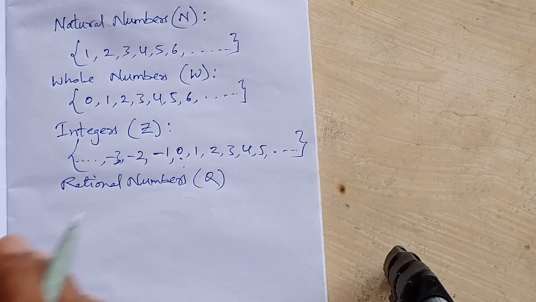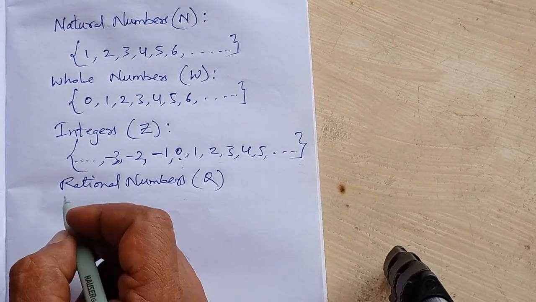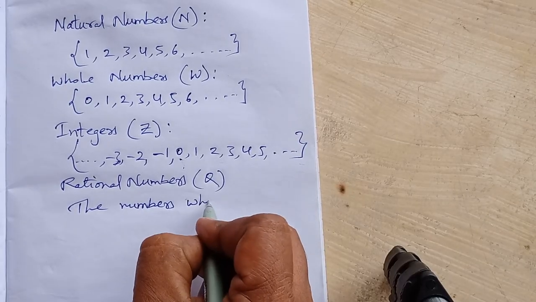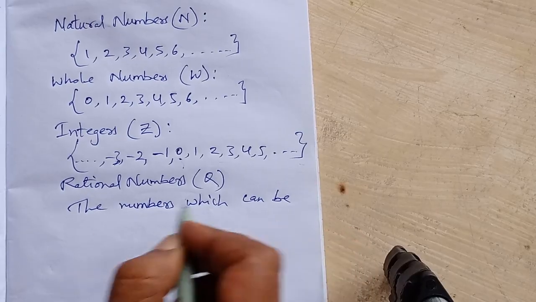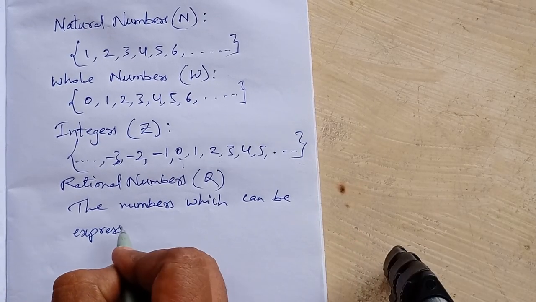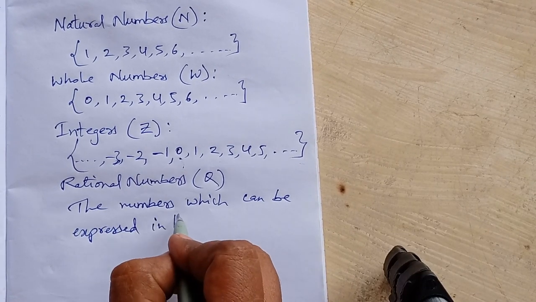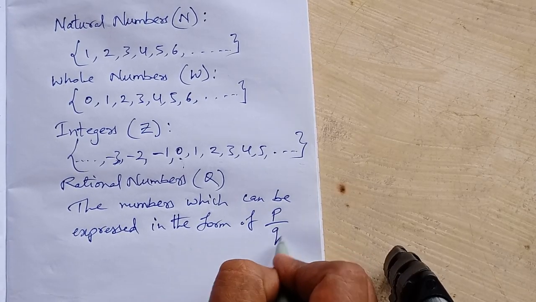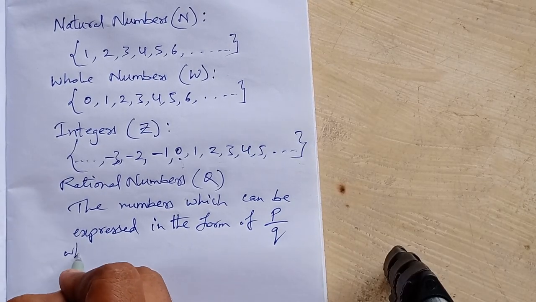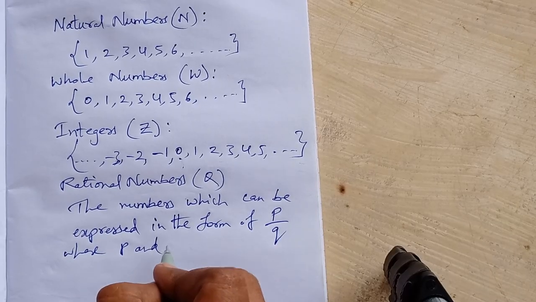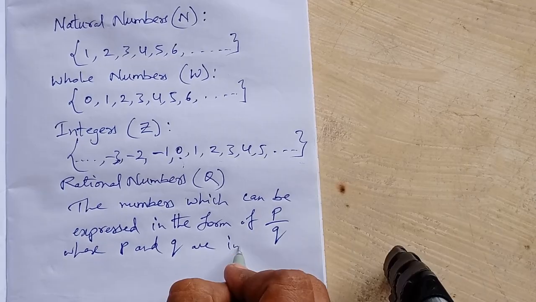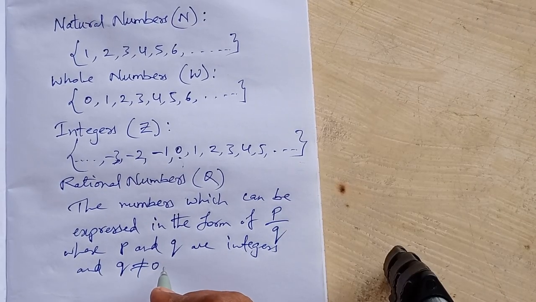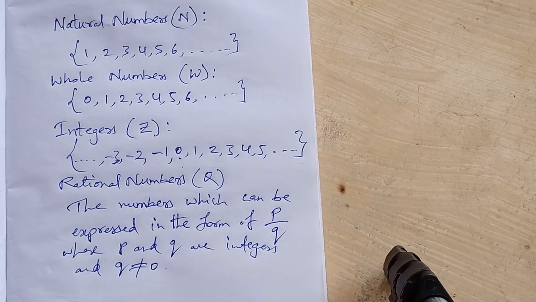They are denoted with Q. Rational numbers are the numbers which can be expressed in the form of P upon Q, or P by Q, where P and Q are integers and Q is not equal to 0. So this is the definition for rational numbers.